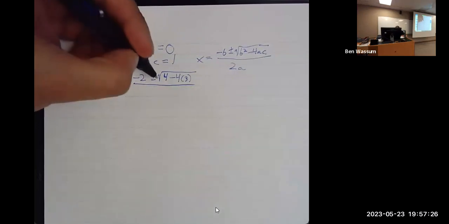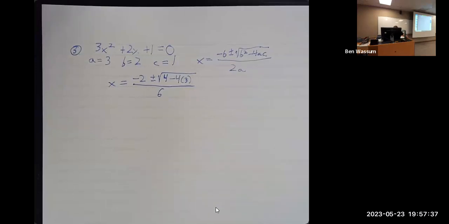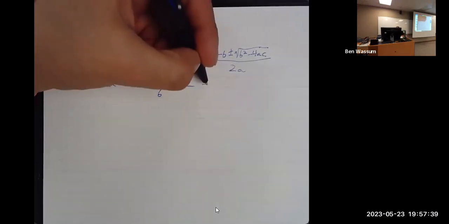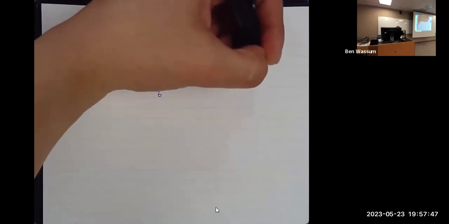Well, a is 3, so we get negative 2 plus or minus the square root of 4 minus 12. So that's a negative 8, over a 6.